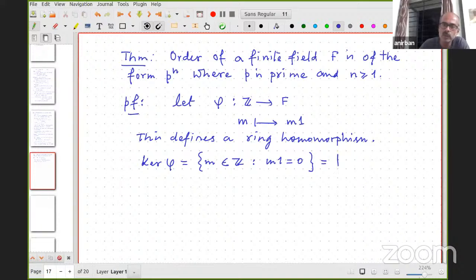And this is going to be all multiples of p, where p is the characteristic.